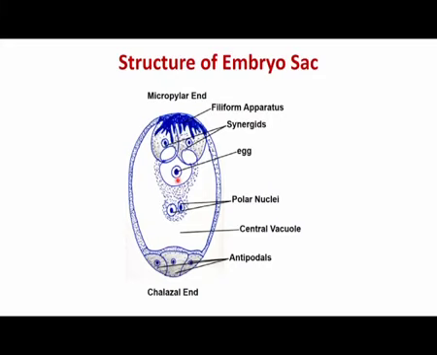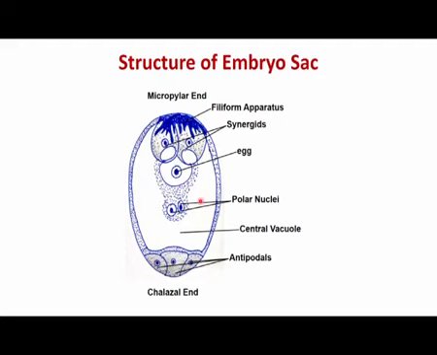On the other hand, there are 3 antipodal cells, which are the vegetative cells of the embryo sac. They degenerate before or after fertilization, and their main job is to help in providing nutrition. Then there is the single central cell, which contains 2 polar nuclei that fuse to form the diploid secondary nucleus.